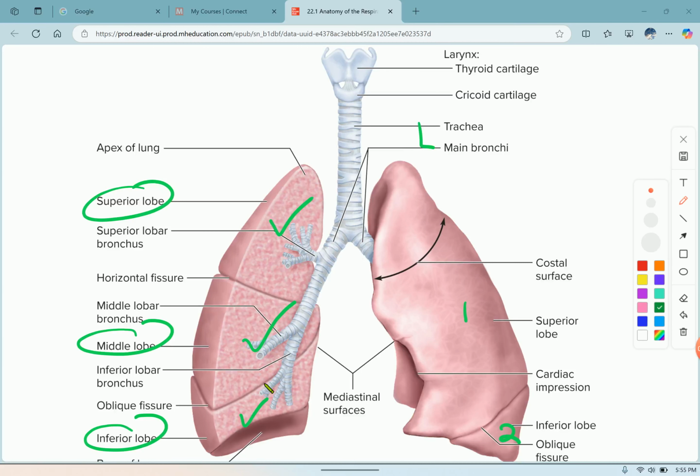On the left side, it only has 2 lobes, which means 1 fissure that's shaped diagonally. So the fancy word is oblique. The left lung has only the oblique fissure separating it into the superior lobe and inferior lobe.